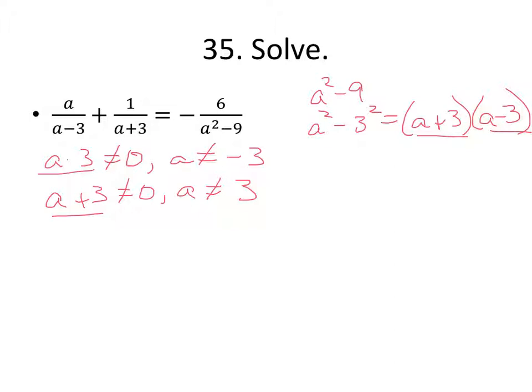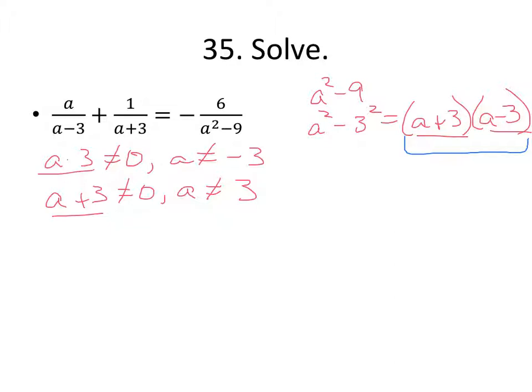We need a common denominator, and that common denominator is going to be a squared minus 9, because a squared minus 9 contains a plus 3 and a minus 3. So what do you have to multiply the first denominator by to get that denominator? And the answer is you have to multiply by a plus 3.